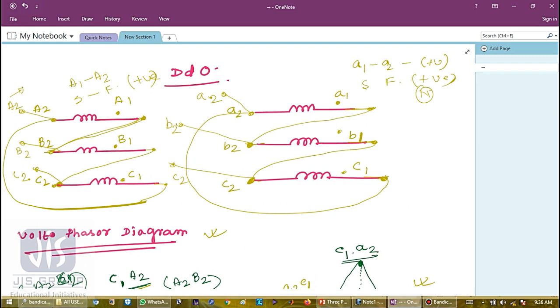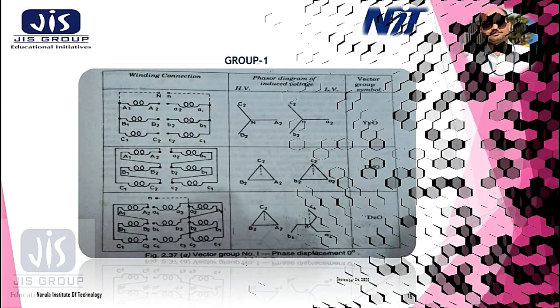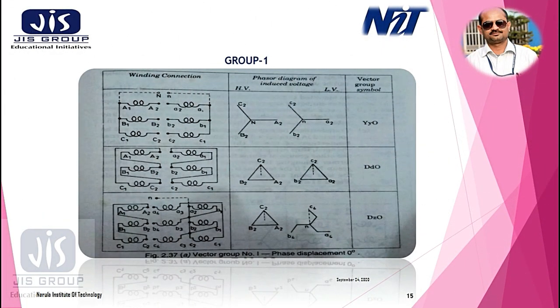In our next class, we will discuss the other vector group connections. Okay. So thank you. Let me check quickly first. Look, see what I have done. Same for primary, it is very simple. For look, A1 B2, B1 C2, A2 C1, sorted. Similar for secondary. And this is forming the Yd0.